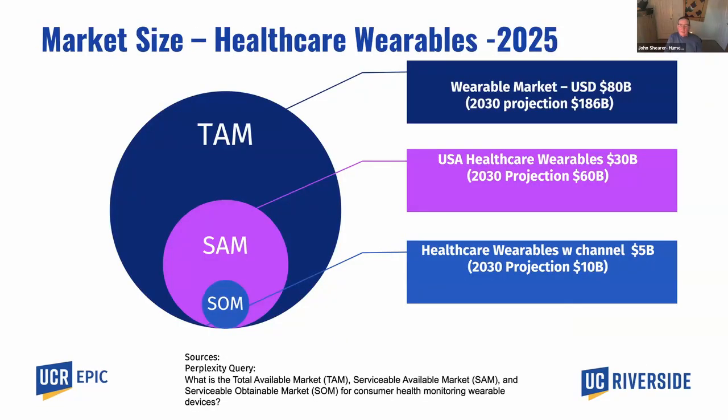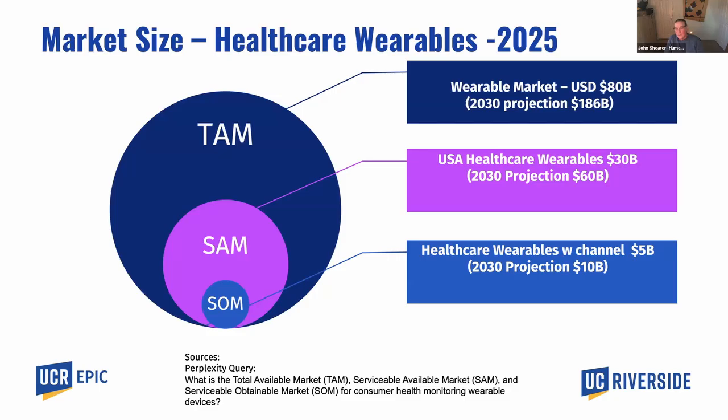And I'm going to give you a real quick example of why using secondary research is so much easier and more cost effective now, just in the last few years.